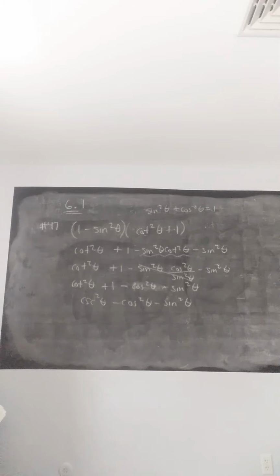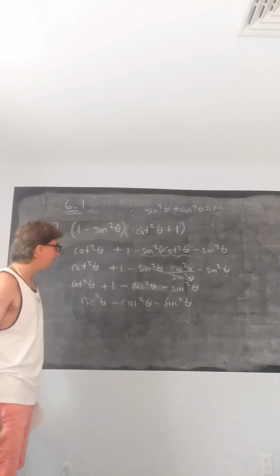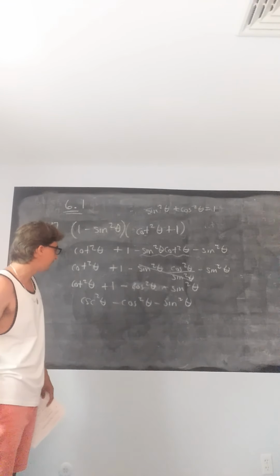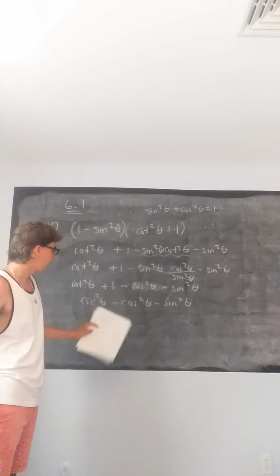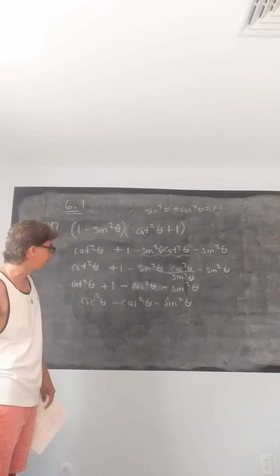Is there anything else we could do here? Well, there are no more identities. The cosine squared and sine squared would be good if we had a plus in between them, and a plus here, because we could write that as 1, but I don't think we're going to get anywhere there. Doesn't appear to be so.